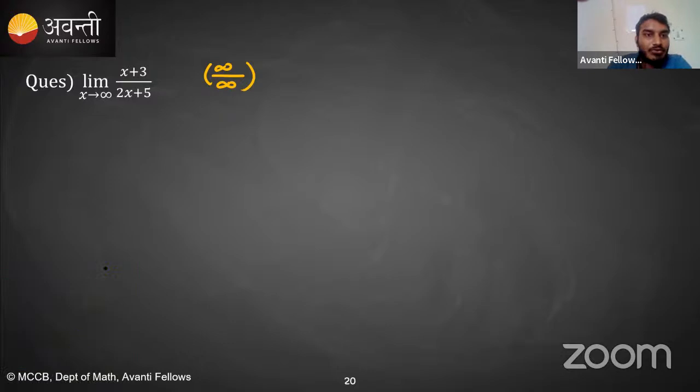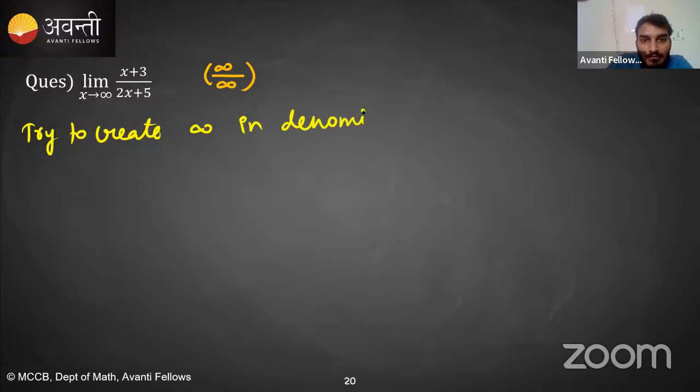Please note, students, whenever you see infinity upon infinity, try to create infinity in the denominator. Whenever you see infinity upon infinity, always try to create.